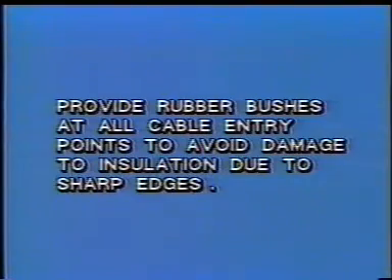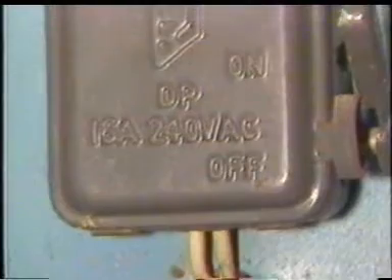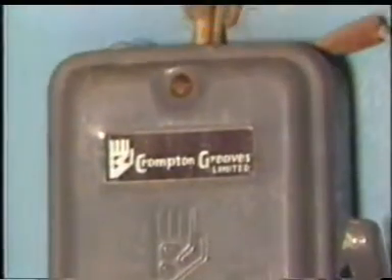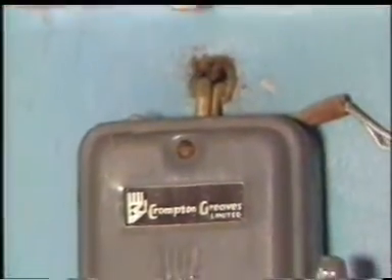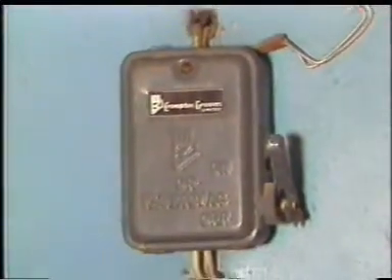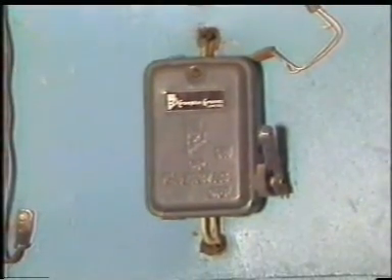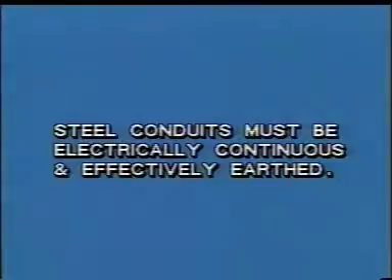Provide rubber bushes at all cable entry points to avoid damage to insulation due to sharp edges. Steel conduits must be electrically continuous and effectively earthed.